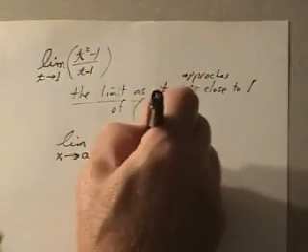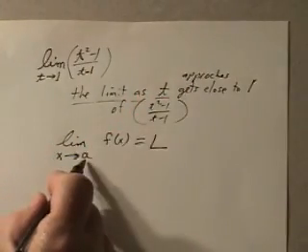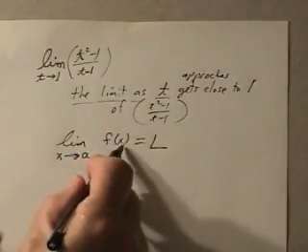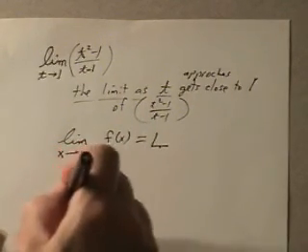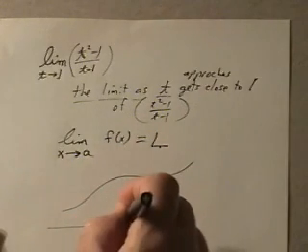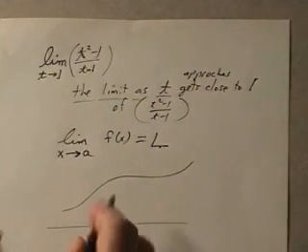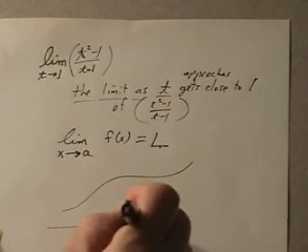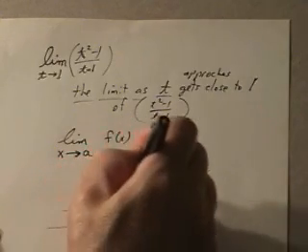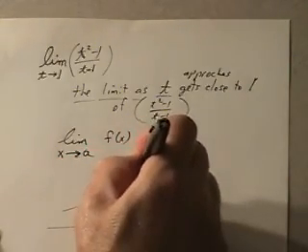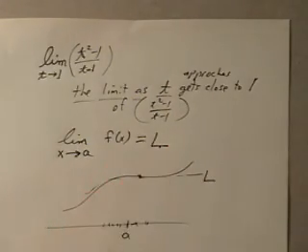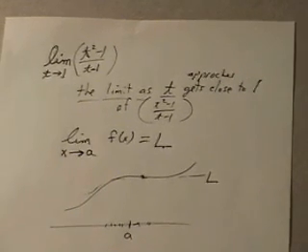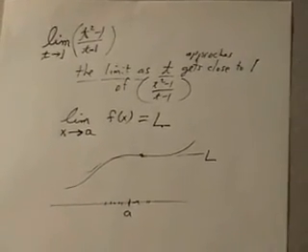Here's what we will say: the limit as x approaches a of some function of x is L. And what that means on a graph is that as x gets closer and closer to a, the value of the function is getting closer and closer to this number, which would be L. Now in this kind of picture, it's pretty obvious that that sort of thing happens. But sometimes it's not at all clear what's going to happen.